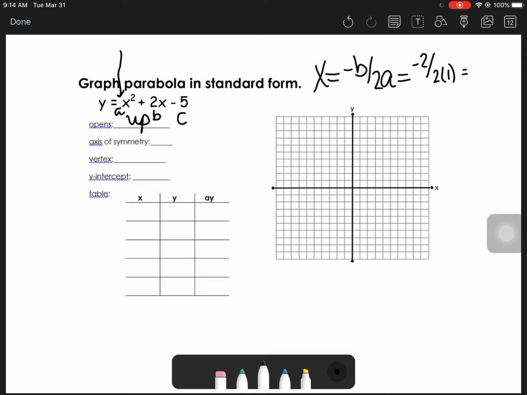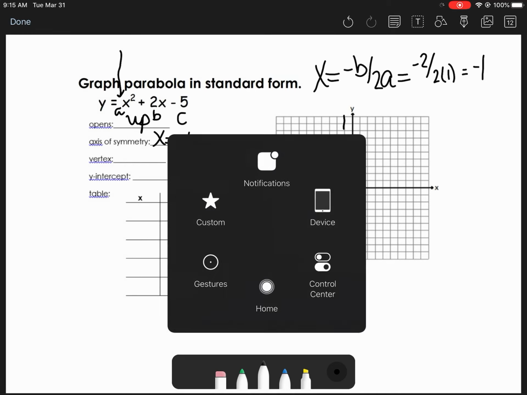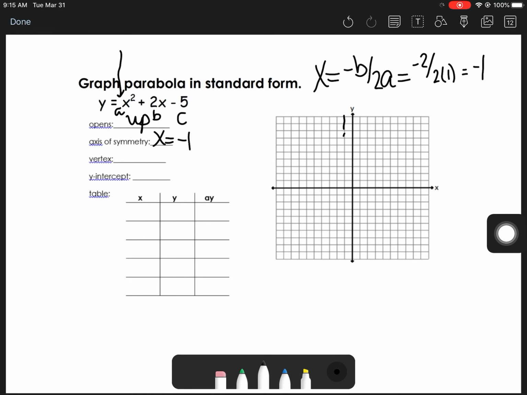So we have negative 2 over 2, which will be negative 1. So our axis of symmetry is x equals negative 1, remembering that it is a vertical line that passes through negative 1 on the x-axis as our axis of symmetry.